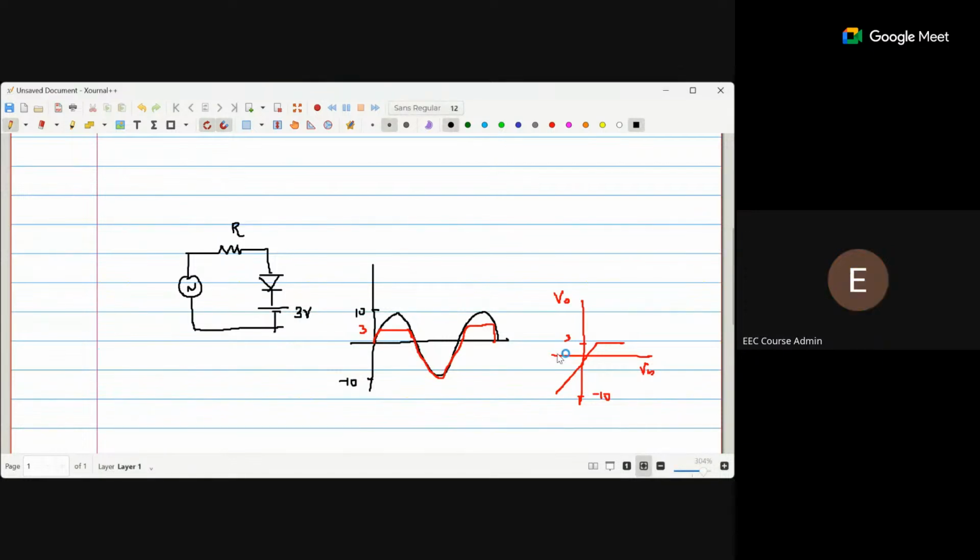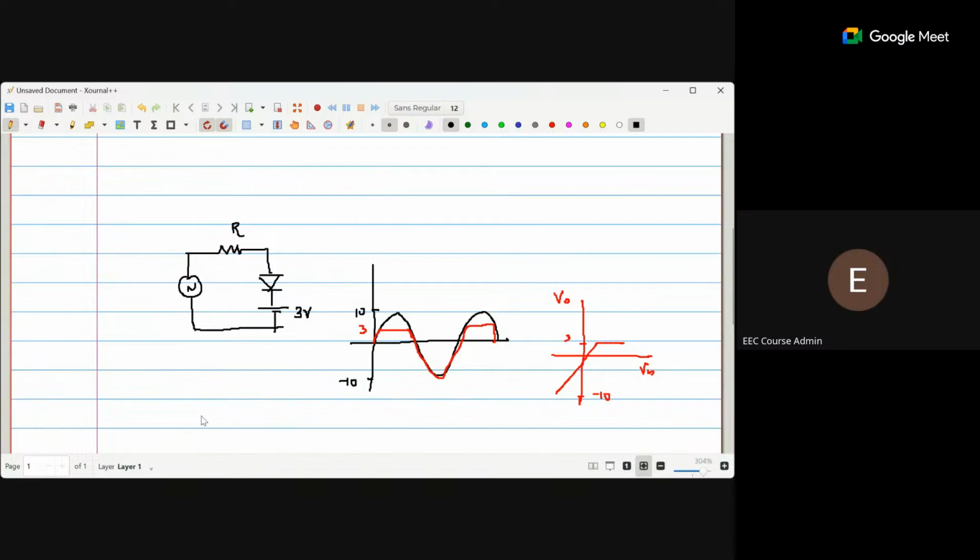Ma'am, in this clipper circuit, which you just explained, V naught is the voltage across resistance R, right? V naught is shown here, I will show you.